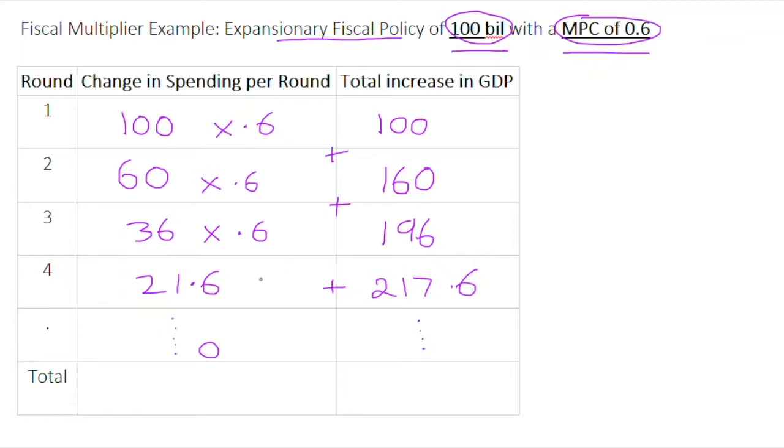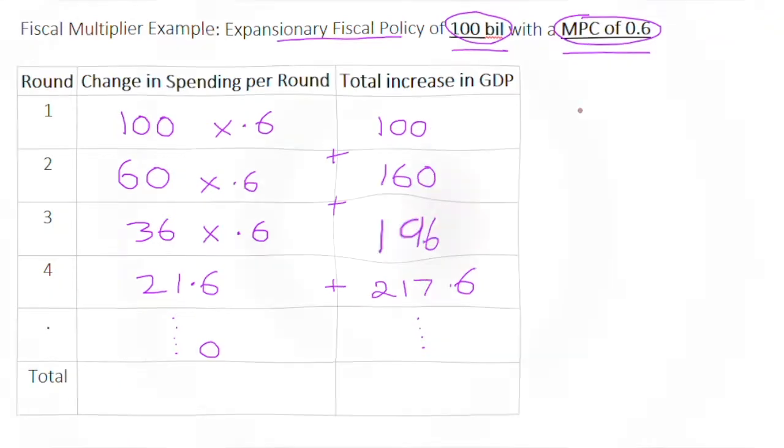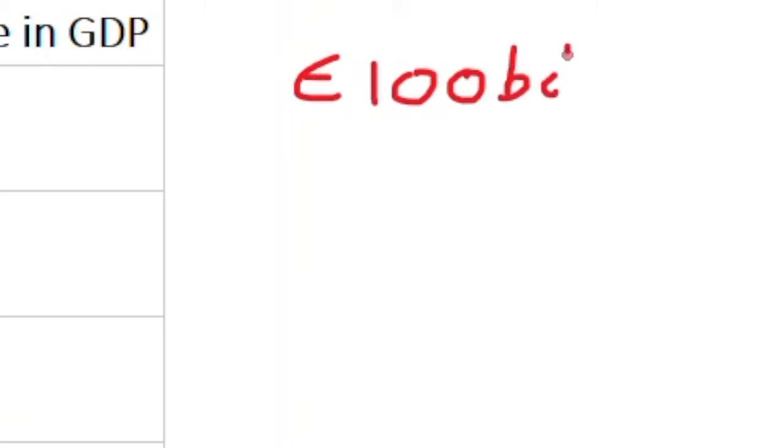Now, there is actually a shortcut route to aggregating this increase in GDP. So what actually happens in this case is we can multiply the initial spending, which was 100 billion of government spending in the economy. We can multiply this by what we call the fiscal multiplier.